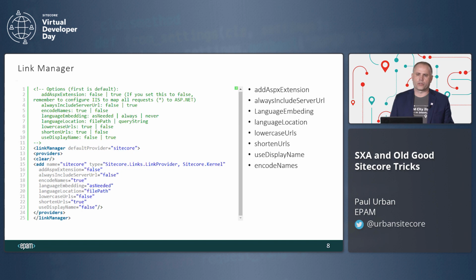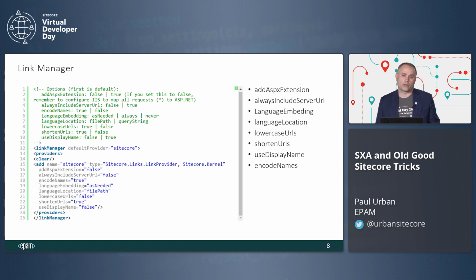Maybe not commonly used lately, but the option is still there, probably as a legacy configuration. The next one is alwaysIncludeServerUrl. So instead of having relative links, we can ask Sitecore to create the links with the full path. The next one is language embedding.